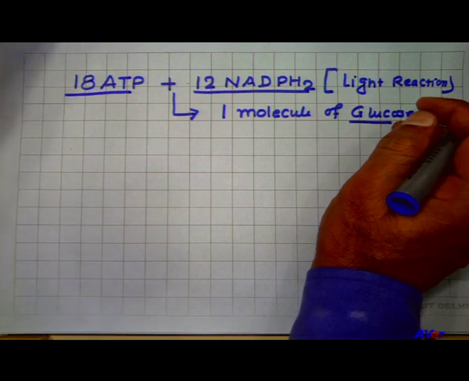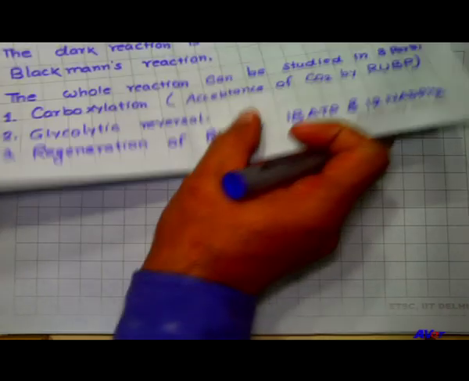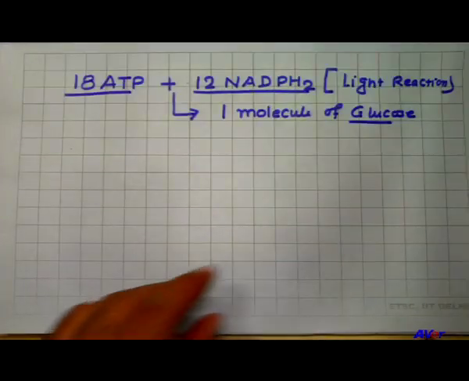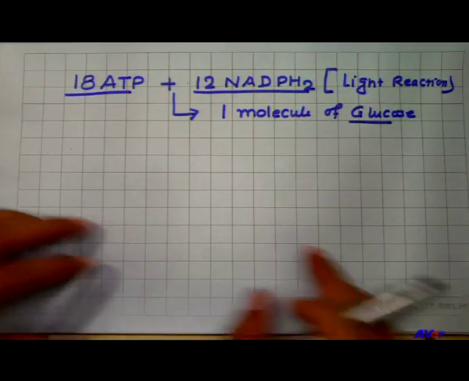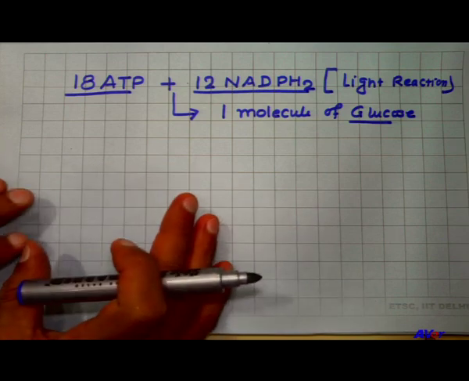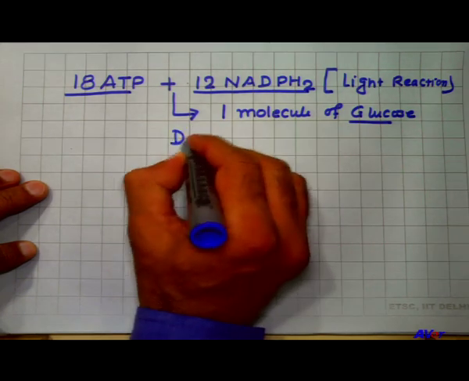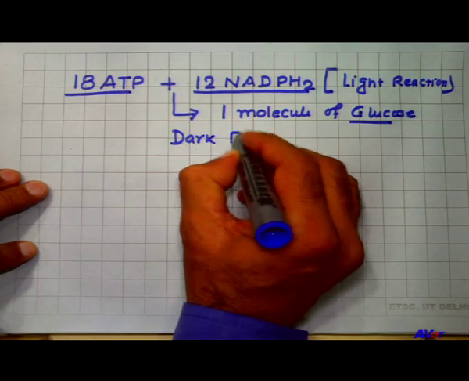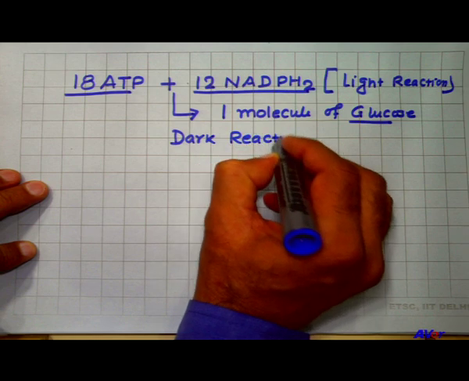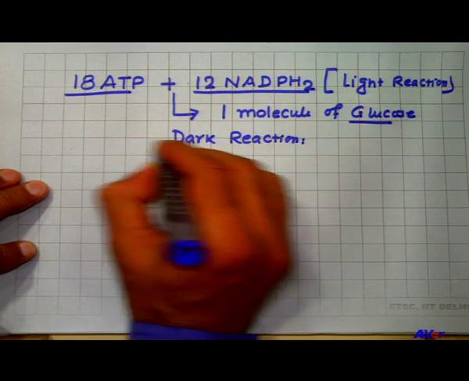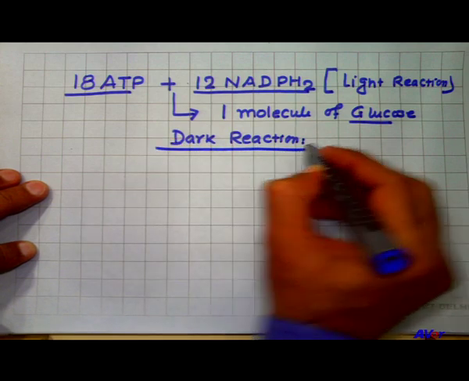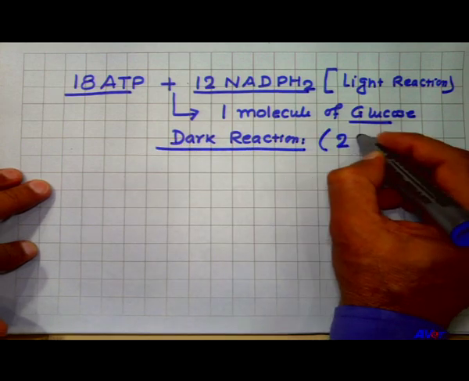So, the dark reaction has been divided into two main groups. We can say there are two main pathways.